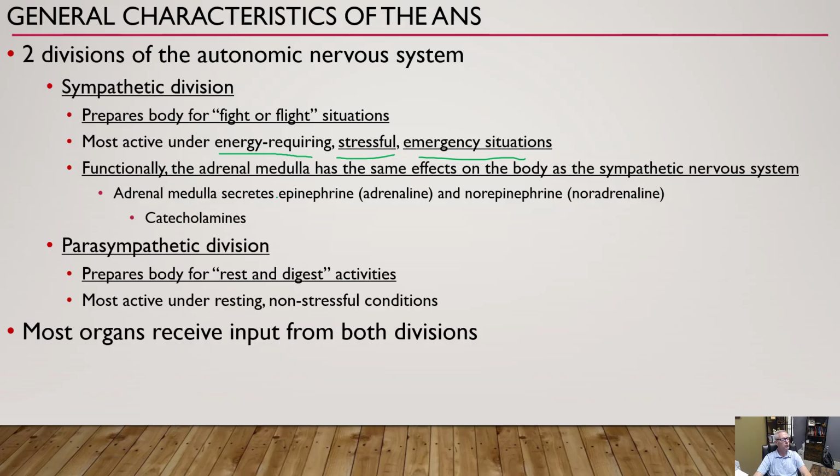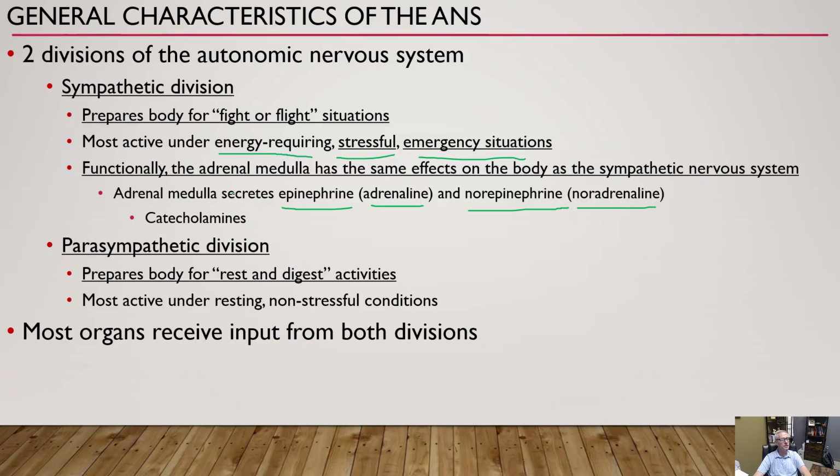Two of the chemicals released or activated under the sympathetic nervous system are epinephrine and norepinephrine. Epinephrine is the same thing as adrenaline, so you get an adrenaline rush. Norepinephrine is called noradrenaline.